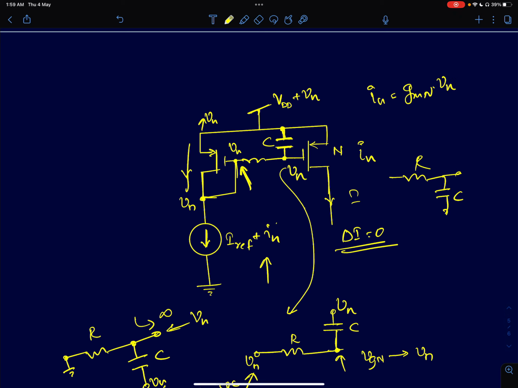But now, because both the gate and source are changing by the same value Vn, the change in the VGS for the current mirroring device is also 0. Therefore, the noise current at the output due to supply noise is 0. There is no change in the output current because of supply variations, or noise on the supply has no impact. So I have then recovered the supply rejection property of a current mirror.